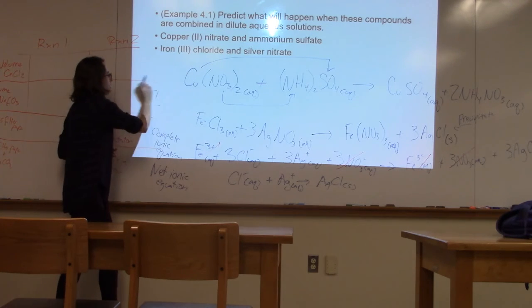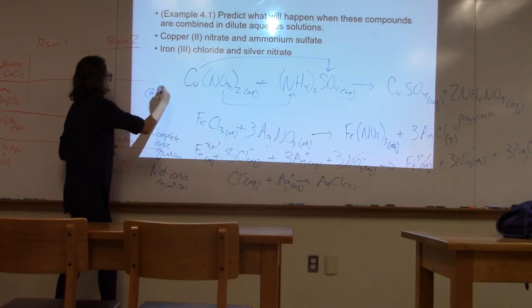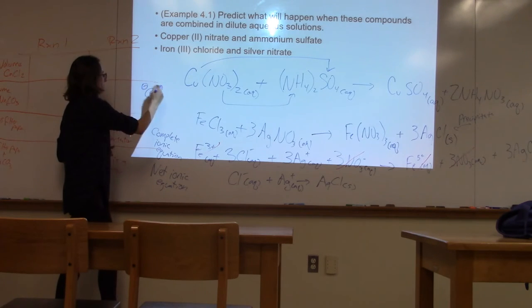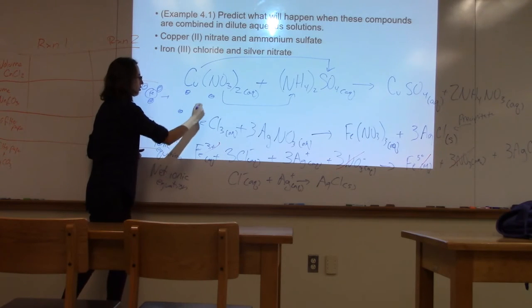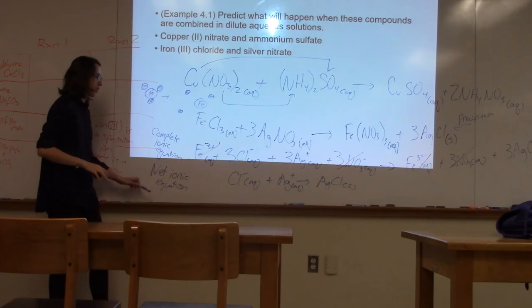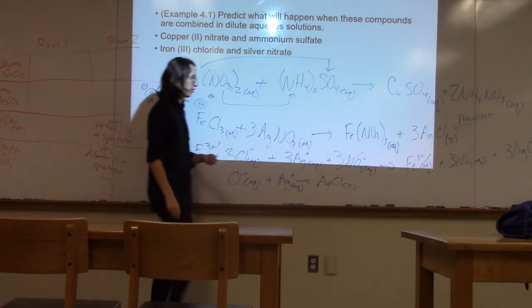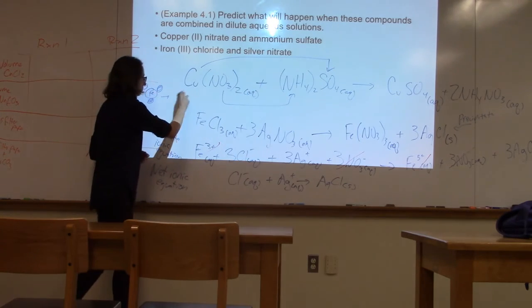In solution, it's going to separate out. You're going to have 1 iron and 3 chlorides, and in solution there are 3 totally separate chlorides and 1 iron. Does that make sense? They're not related to each other anymore. They bounce away from each other. They're not connected, and the subscript implies that they're connected.